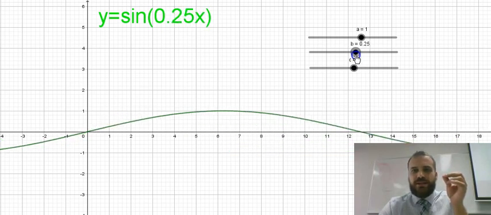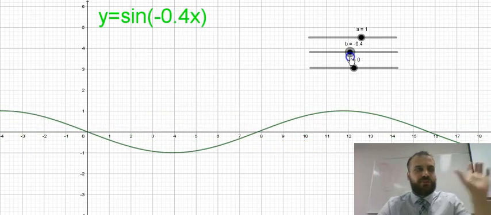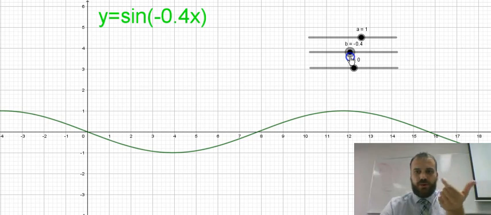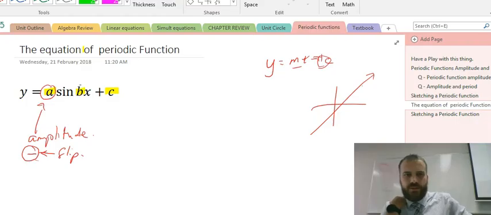And if we get a negative b value, it flips it around the y-axis. So the b value controls the period. We'll look at a formula for that a little bit later on.